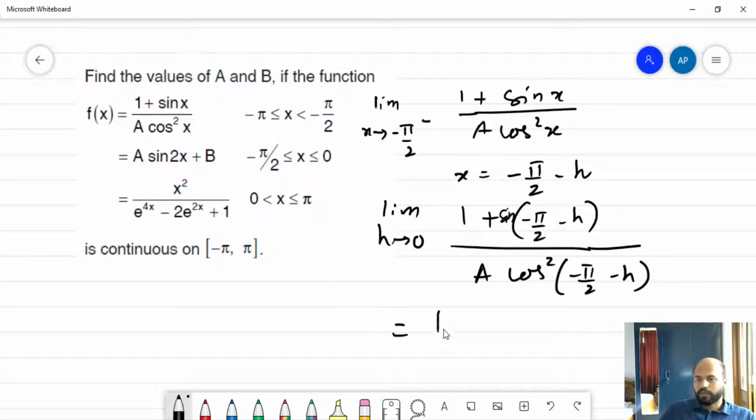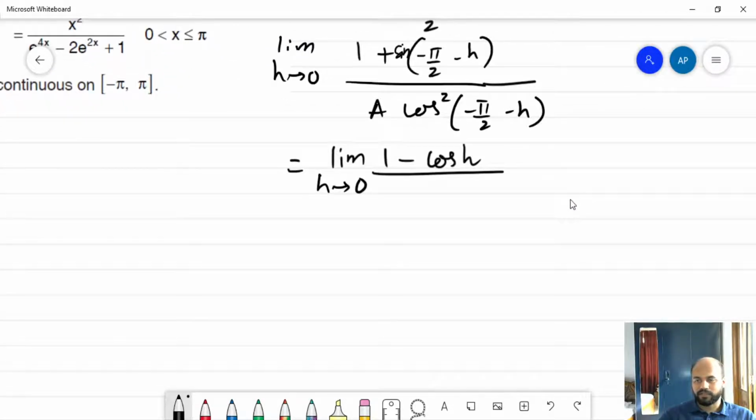So this is going to be limit h tending to 0. Take the minus sign out, and what we get inside is pi by 2 plus h. So sine of pi by 2 plus h is cos h. So it will be 1 minus cos h by, at the bottom, if I take the negative sign, it doesn't make a difference because cos of pi by 2 plus h is minus sin h, and because there is this square, it doesn't make a difference, and it's going to be sin square h over a.